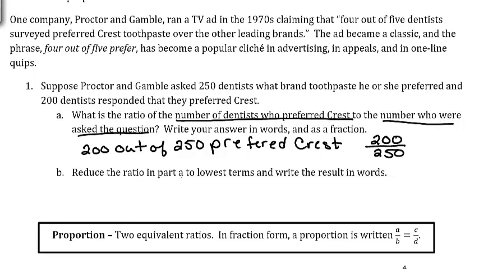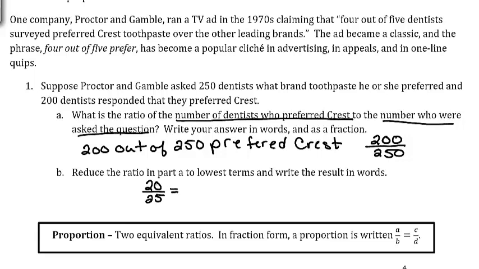Now reduce the fraction that we got into lowest terms and write the result in words. We want to find the largest number that will divide both 200 and 250. Actually, we can do one simplification pretty quickly and write it as 20 over 25, and then it's a little bit easier to reduce from there.